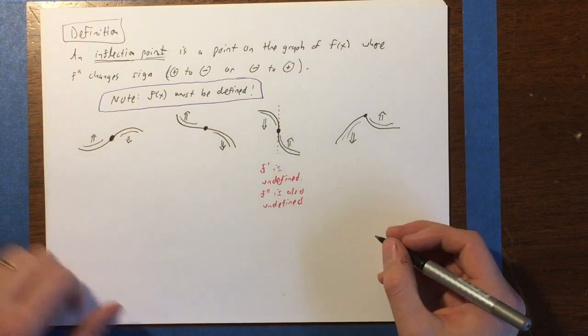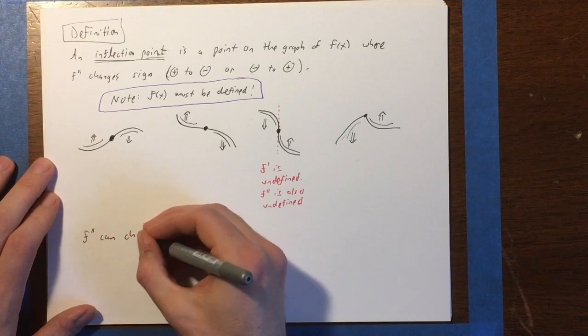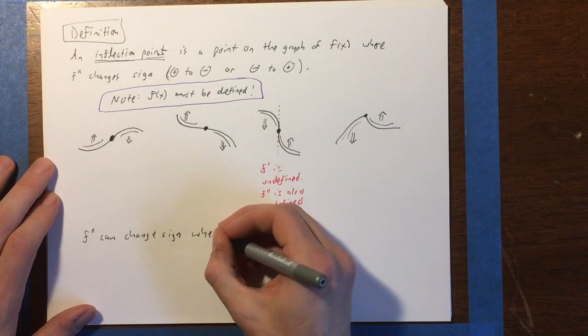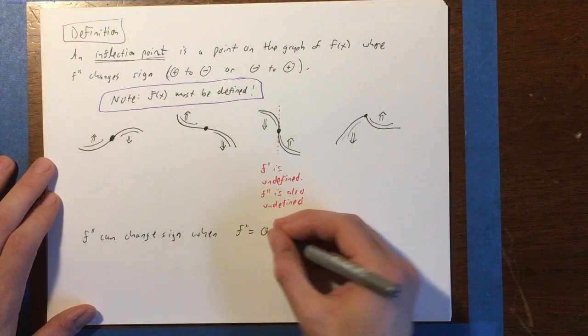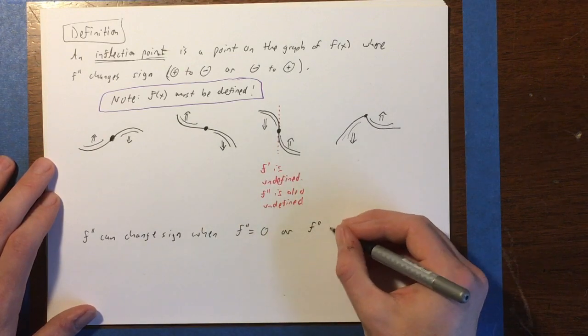All right, so let's sum up what we've said here. F double prime can change sign when one of two things happens: when f double prime equals 0, or when f double prime is undefined.